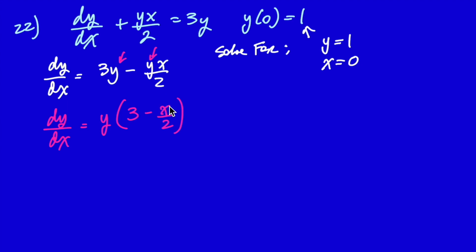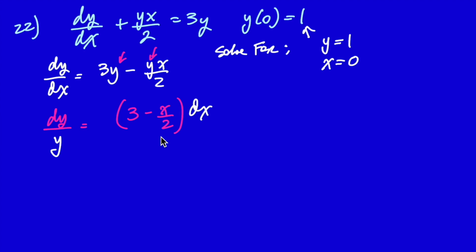Okay, and I always go back and redistribute to make sure I did that correctly. 3y minus xy over 2. Okay, now I'm going to go ahead and multiply by dx. So I'm going to bring this over here in white. And I'm going to cross out that dx. And then I'm going to go ahead and divide by y and cross out that y.